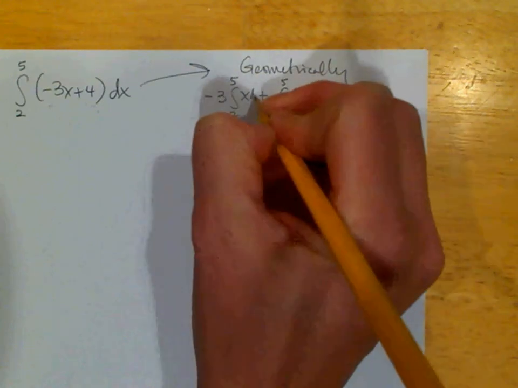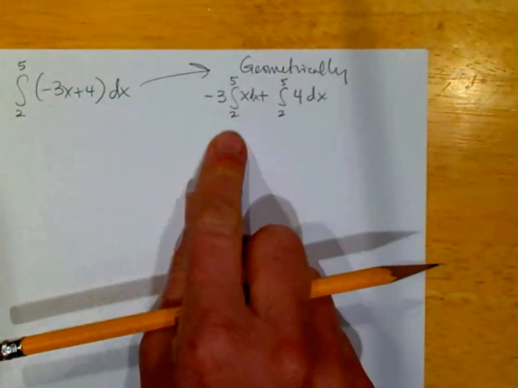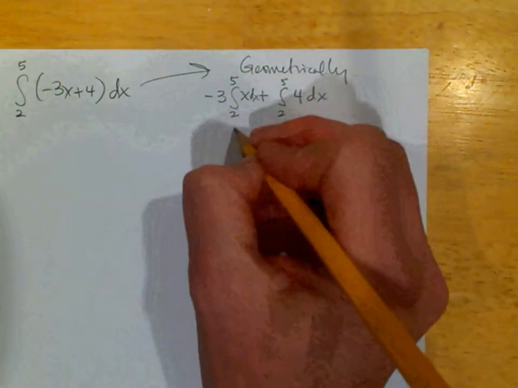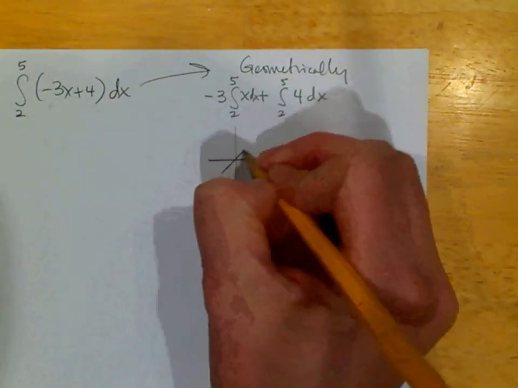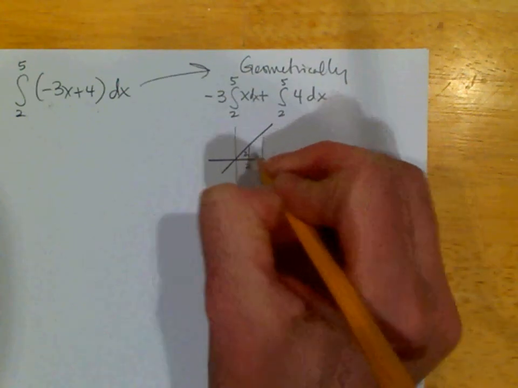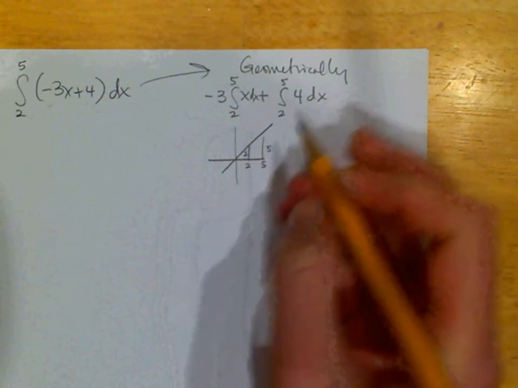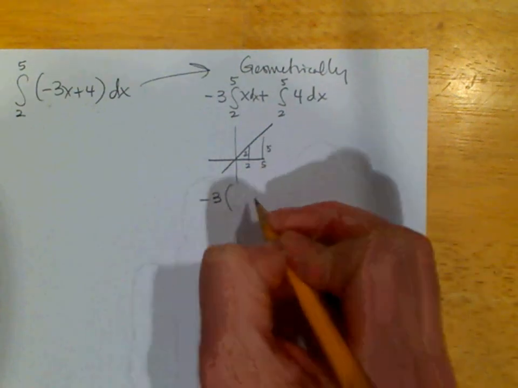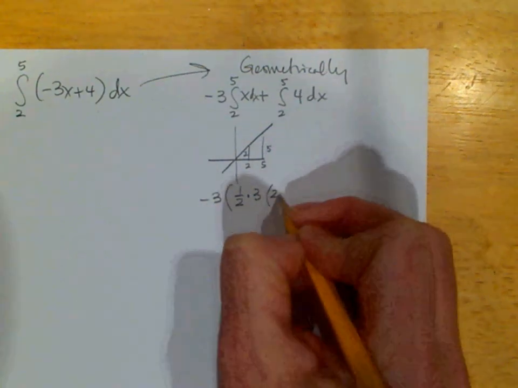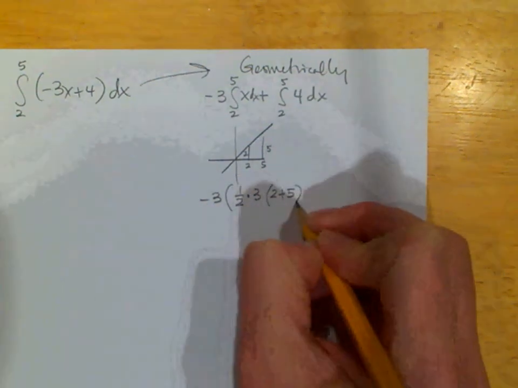Oops, forgot my dx. Then I find the area underneath the curve of those. That's just the line y equals x from 2 to 5. So this would be 2, this would be 5, and the area of that trapezoid would be 1/2 times my height, which was 3, times my bases of 2 and 5.